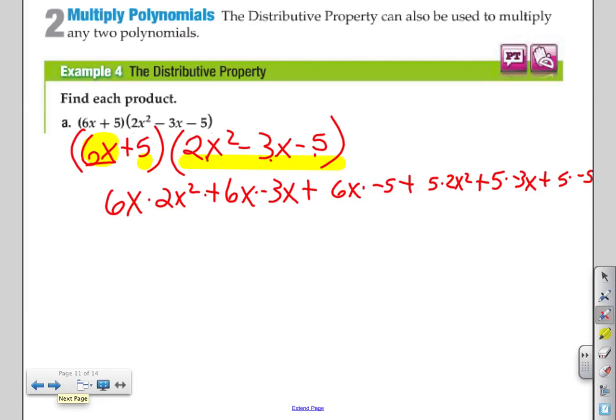So let's combine our like terms. Let's do our math first. 6 times 2 is 12x to the power of 3, right? There's a 1 here and a 2 here.